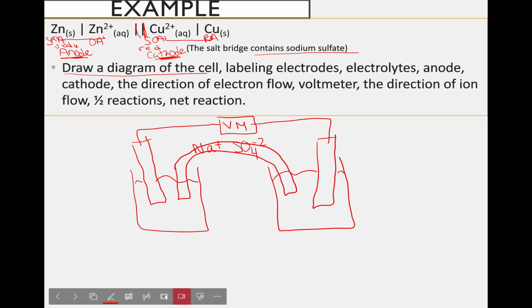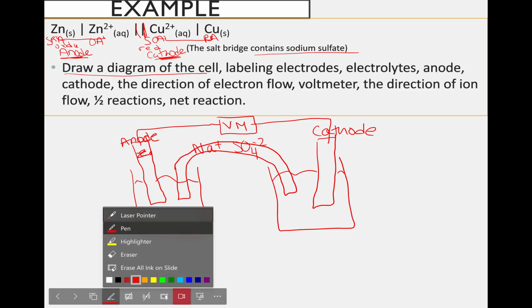So going through this, usually we draw our anodes on the left and our cathodes on the right, but they definitely could be switched. We do know our anode is zinc metal. So zinc here, sorry, that's a little bit messy. So try that one more time. There we go.